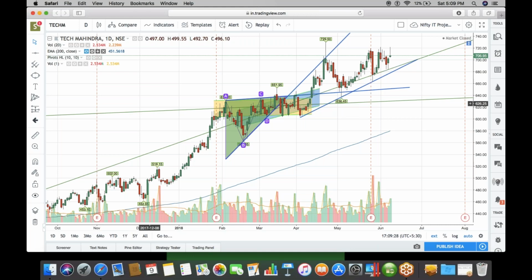For example, you give me some stock and I will try to identify if there is any kind of triangle formation on it. Please give me some stock. Anyone?